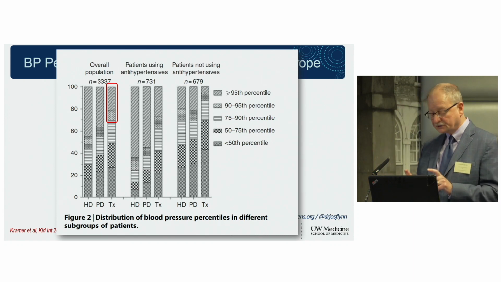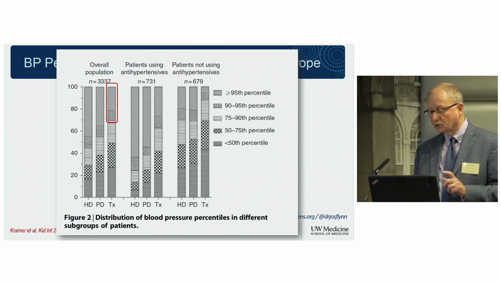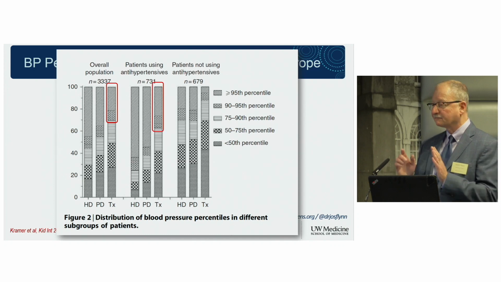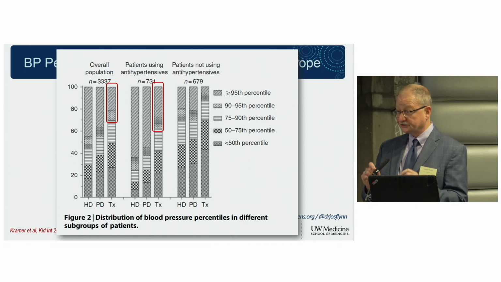And then when you look at the middle group of bars, those who are on blood pressure medicines, about 40% of transplant patients on blood pressure medicines have measured blood pressure above the 90th percentile.